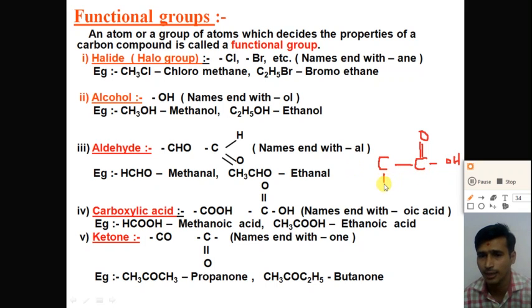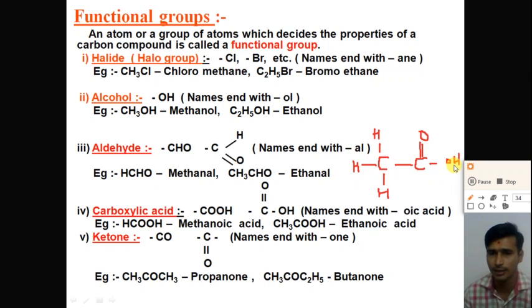But this carbon atom makes a single covalent bond with the three hydrogen atoms. So we place here H, H and H. So the molecular formula is CH3 C double bond OH. Here the two carbon atoms are there, and two carbon atoms is ethane. From ethane, that name is called ethanoic acid.